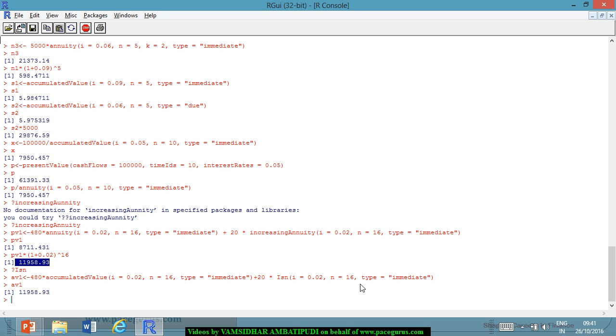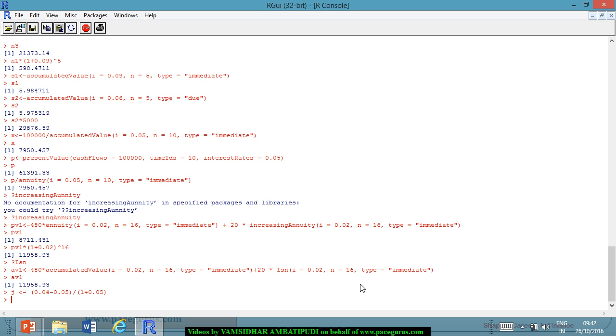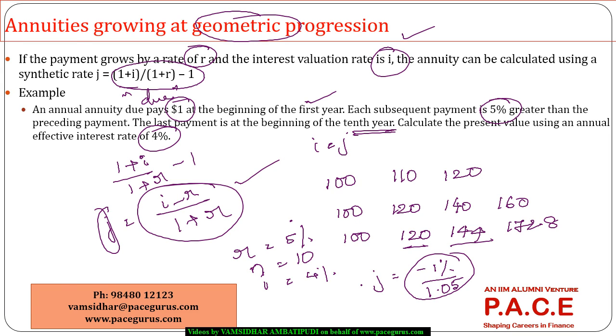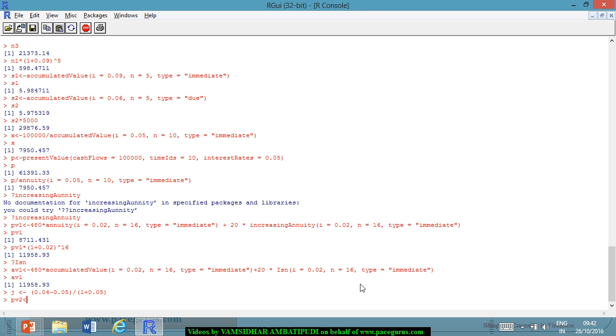So let me try finding it out. First let me compute my J, which is I minus R divided by 1 plus R. I is 0.04 minus R, 0.05, divided by 1 plus 0.05, 1.05. So this is what comes out as my value of J. Then if I want to find the present value of this annuity, let me call it PV2.